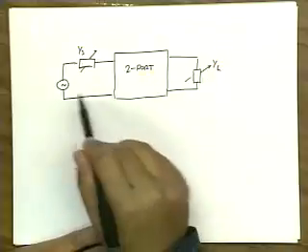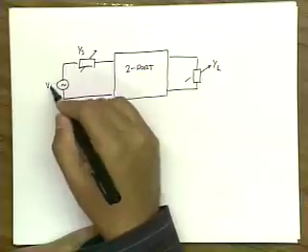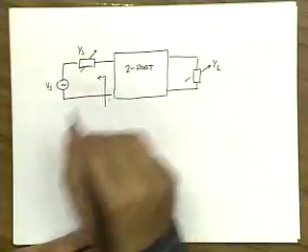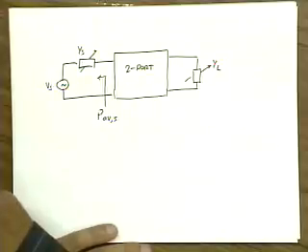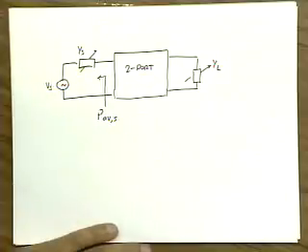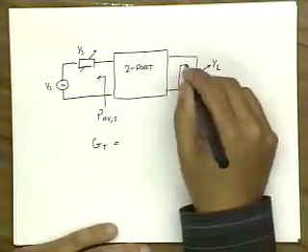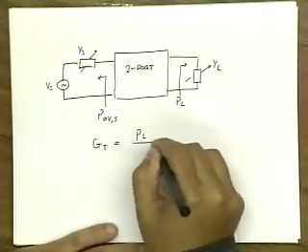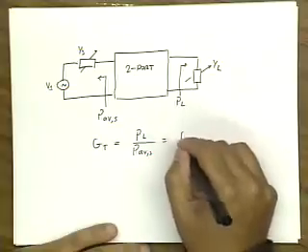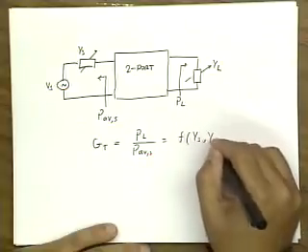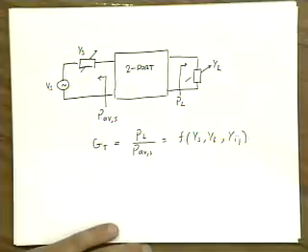In other words, we maximize the power gain of this system. And the observation from last lecture was that the maximum power that you can transfer from the source is the power available from the source, from the maximum power transfer theorem. And so the transducer gain is the power flowing into the load divided by the power available from the source. And we derived last lecture that this is a function of both the source and load admittance and the 2-port parameters of our network.